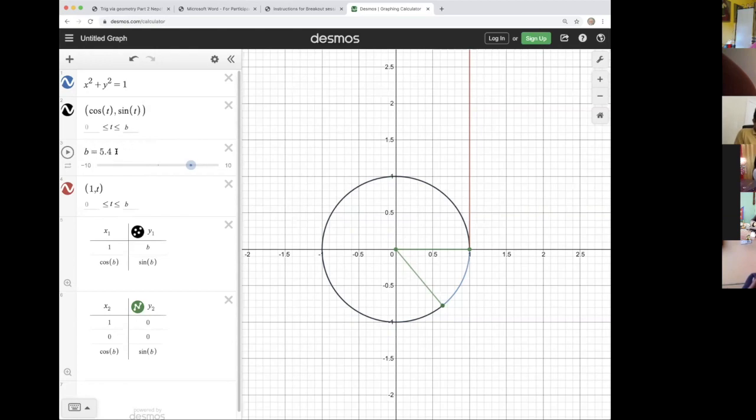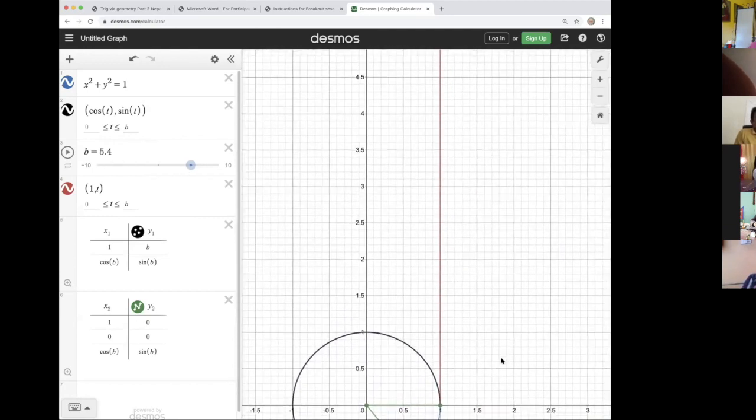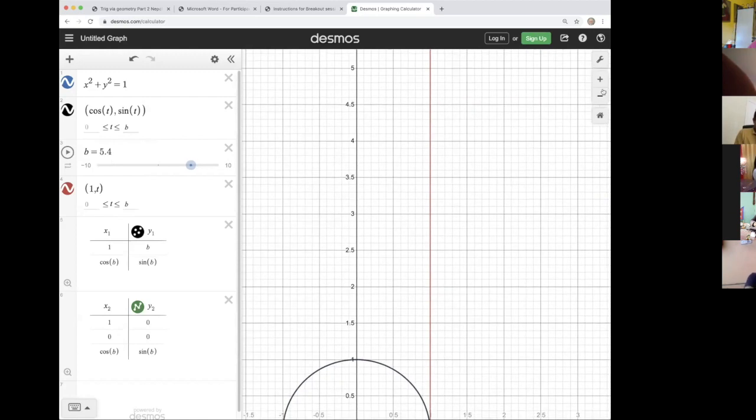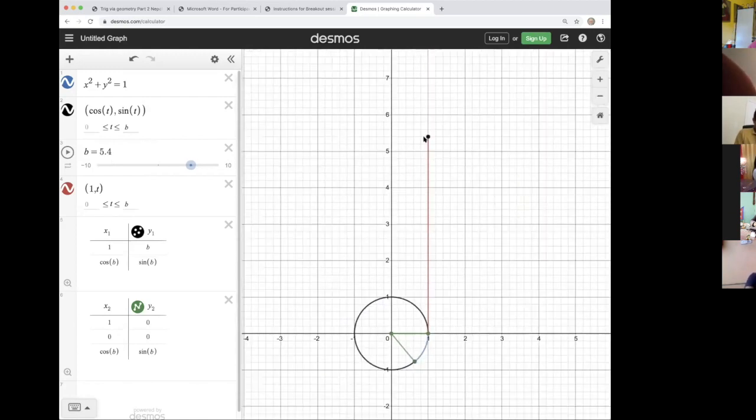And the value in radians of B is 4.5. So the red segment, let me make this a little bit different. This red segment is 4.5 units long. The red segment is wrapped around the unit circle and changes its color to black. And this also is 4.5 units long in a curvilinear way.